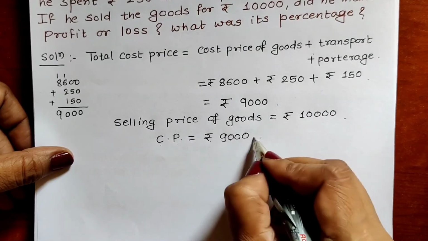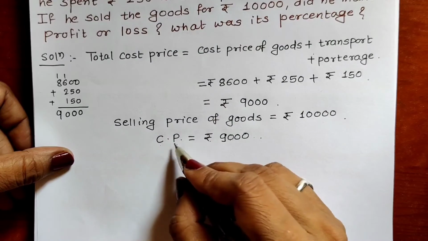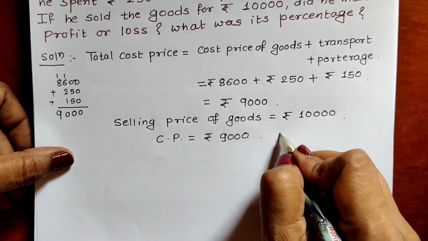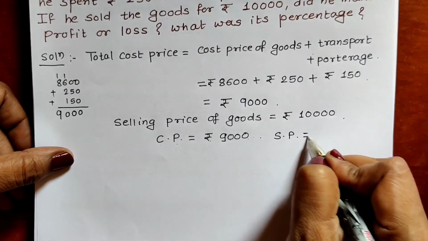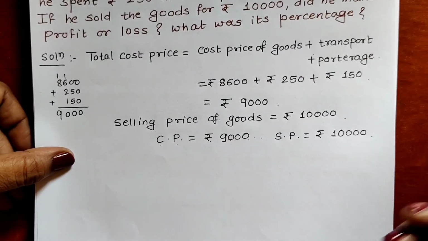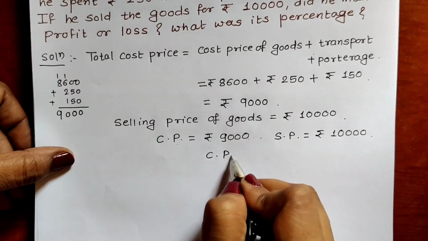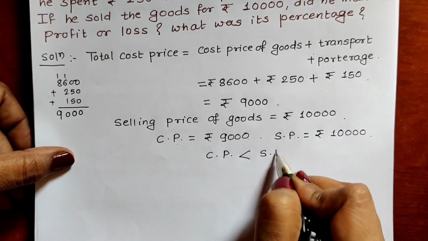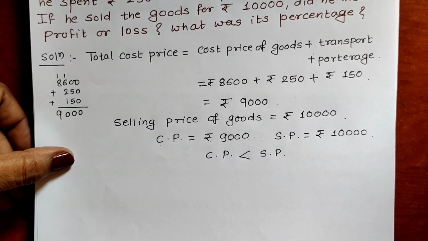Sorry, not selling price. Cost price is rupees 9,000 and selling price is equal to rupees 10,000. Which is greater? Selling price is greater. Cost price is lesser than selling price. That means there is a profit.